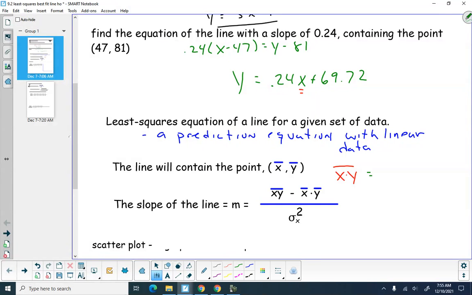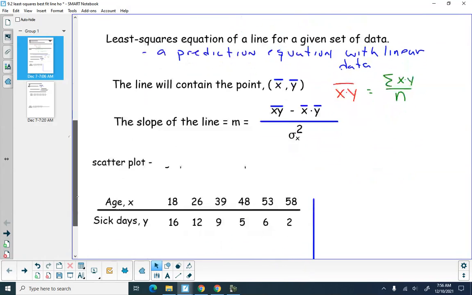So how we calculate this is we add up all the xy's and divide by the total number of ordered pairs that we have. We multiply the x value and the y value of each ordered pair together, add them up, and divide by the total number of numbers.